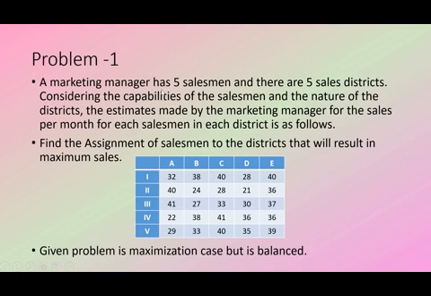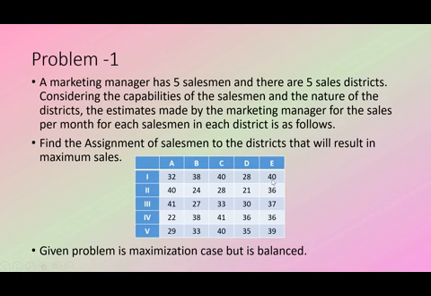A marketing manager has 5 salesmen and there are 5 sales districts. So 5 men, 5 districts, 5 x 5 matrix. So it is balanced. Considering the capabilities of the salesmen and the nature of the districts, the estimates made by the marketing manager for the sales per month for each salesman in each district are as follows.